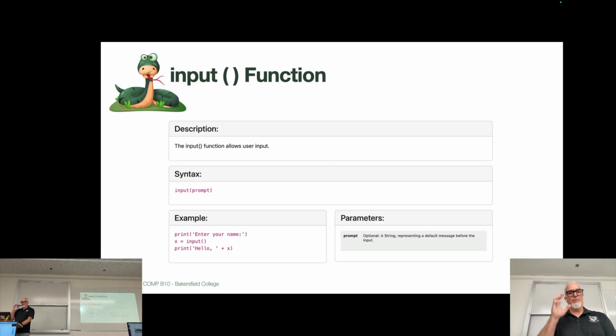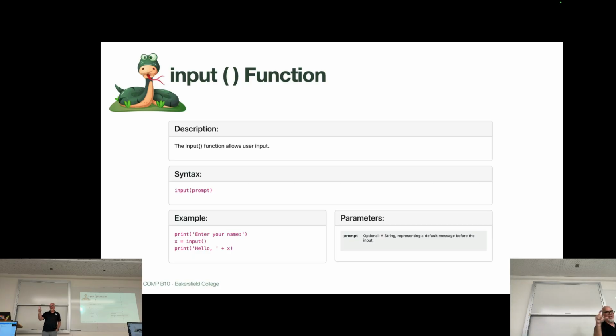Another function we just talked about, but I'll review it anyway, is input. Input causes your program to pause and wait for user input. It will not do anything else. It will not go past that line until the user types something and hits enter. Now you can use input to have your program pause and wait for the user to do something.